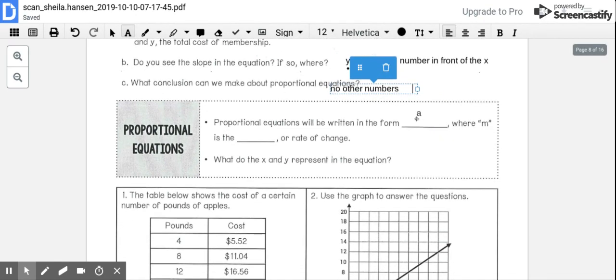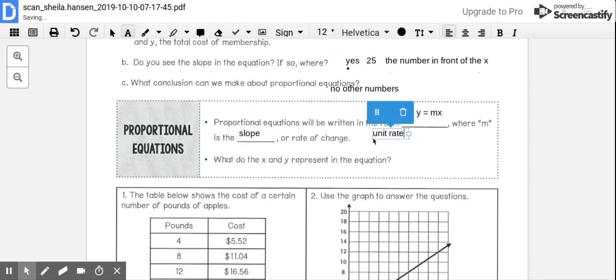Okay, so then down here, proportional equations can be written in this form. Y equals, and then slope is represented by m, and then there's your x. And then it tells you where m is the slope, which is also the same as rate of change or unit rate. So you might want to write that down here, unit rate, like per 1.